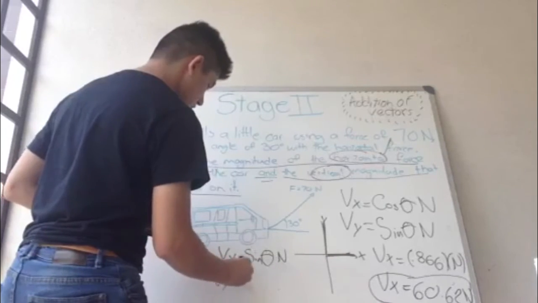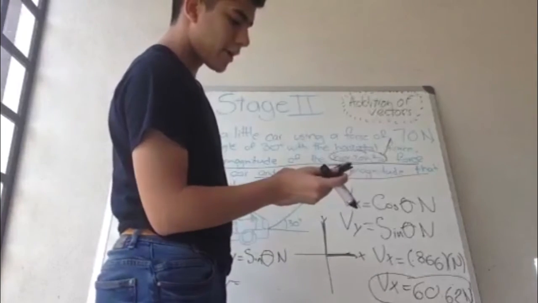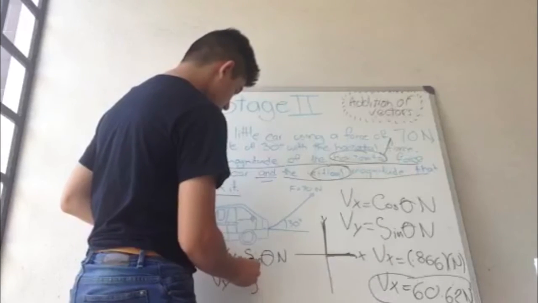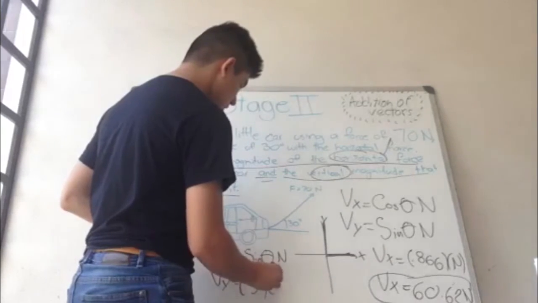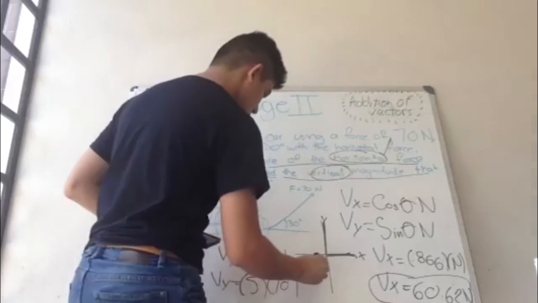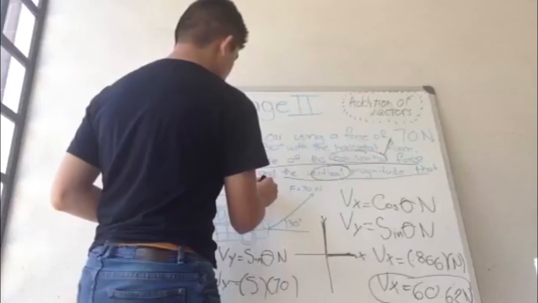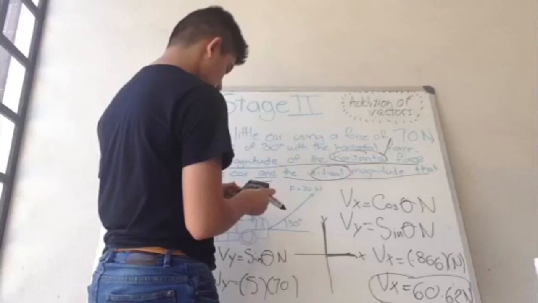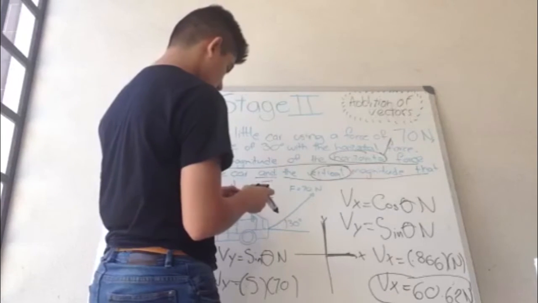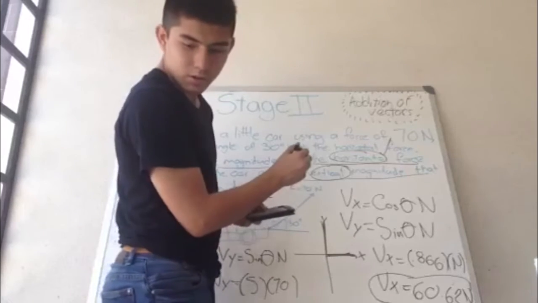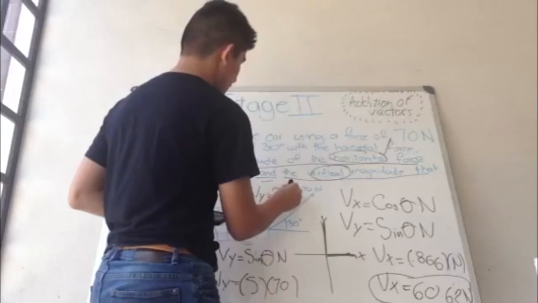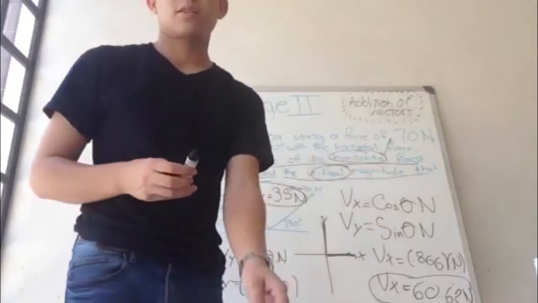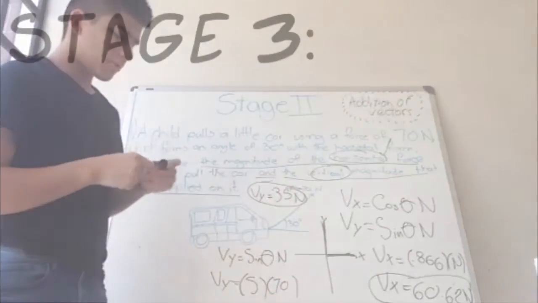Vy equals sine of 30, which is 0.5, times the 70, which gives us an answer of Vy equals 35 newtons. So that's how you do a problem like this.